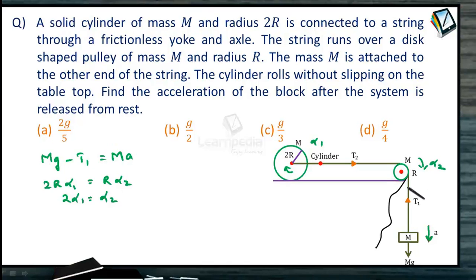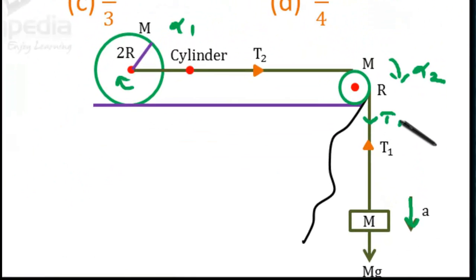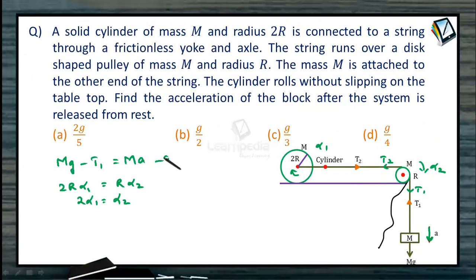Now the free body diagram equation for this particular mass, this tension is T1, this tension is T2. So (T1 minus T2) times R should be equal to I into alpha 2 for this particular body, the pulley. This is equation 1. This we got as equation 2. Now for the pulley: (T1 minus T2) into R should be equal to I into alpha 2.